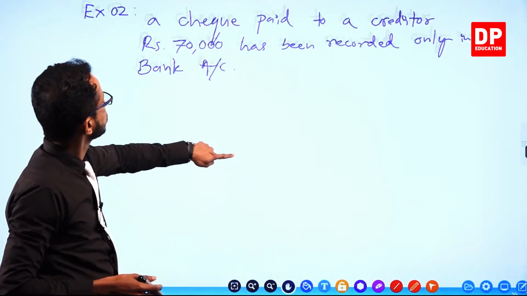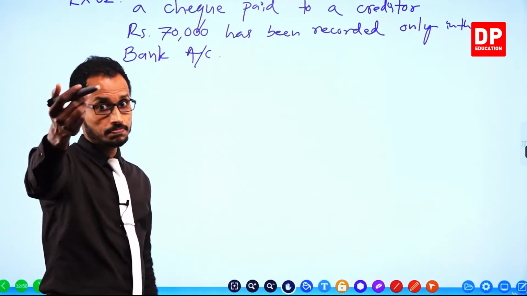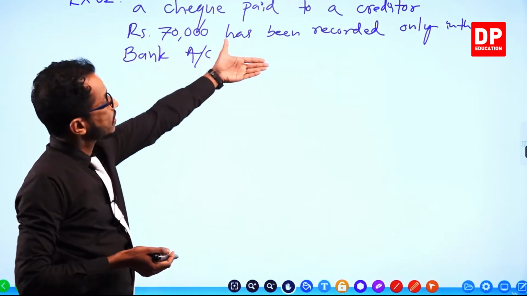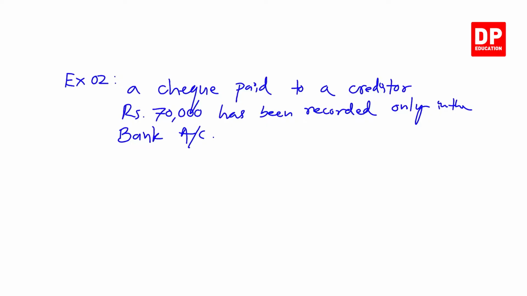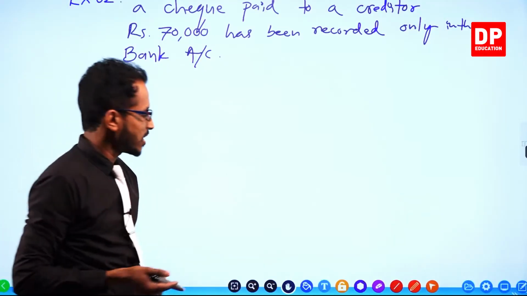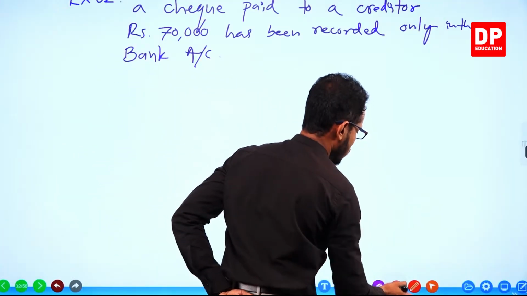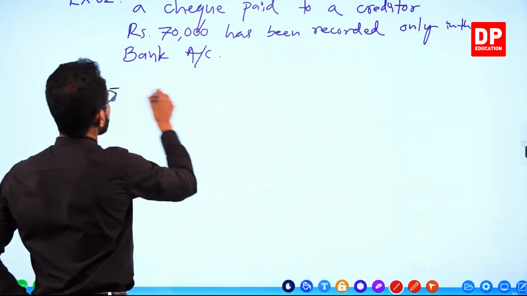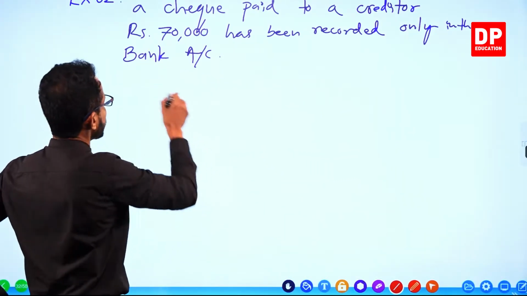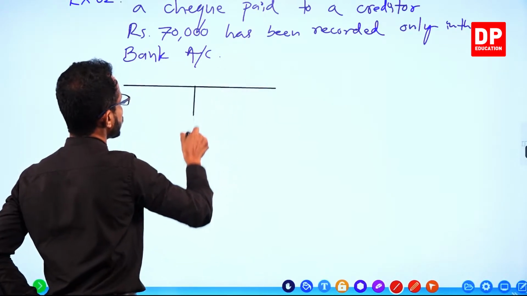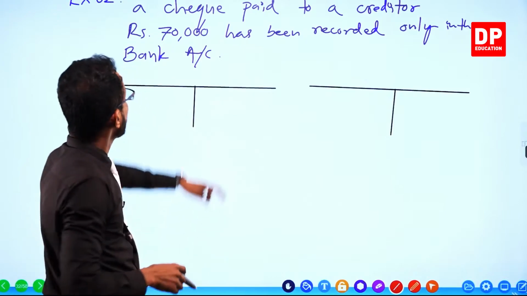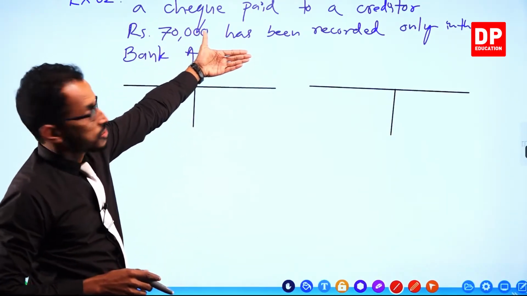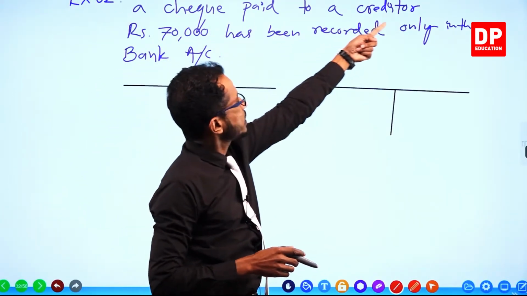Now you tell me. Will this error affect the trial balance? Of course. It will affect the trial balance. See, this is how it affects the trial balance. Every transaction should have a double entry in 2 accounts. Check paid to a creditor.